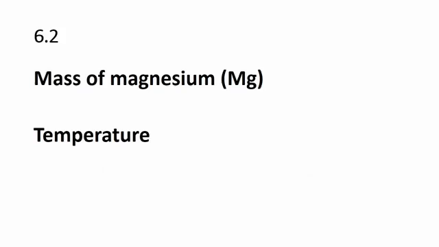So it is very important that we maintain our temperature constant in all these experiments, or in all these parts of the investigation, so that we know for sure that the concentration of the sulfuric acid is the one and only factor that is affecting the rate of the reaction.